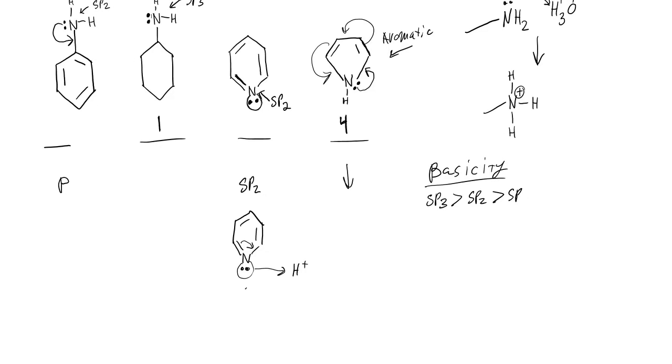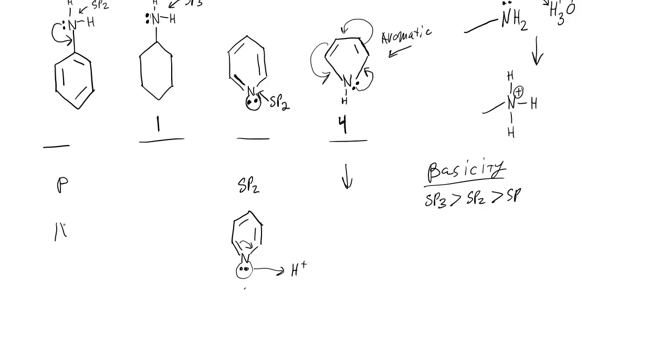Whereas in this one, some of the time, these lone pair are in the ring here, and I'll leave it like this. I won't draw the resonance structures. And when that occurs, the lone pair is no longer here, right?